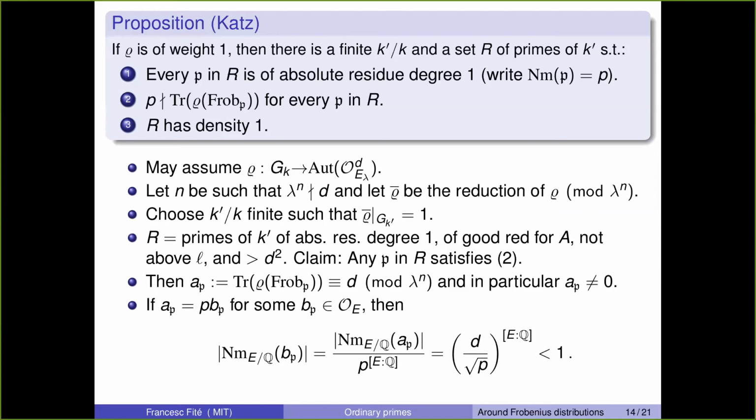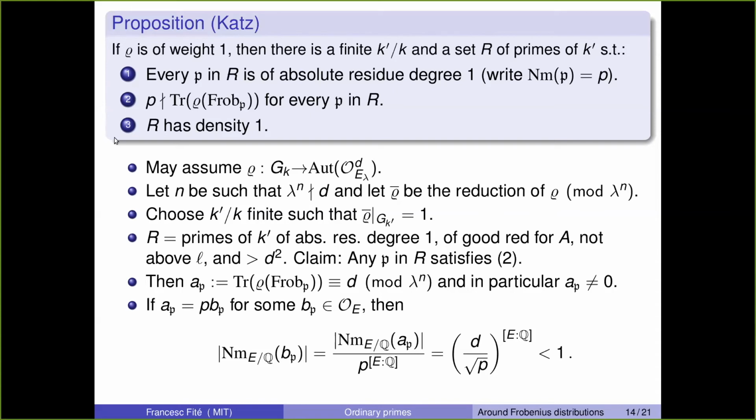So if it's not congruent to 0, and I suppose that condition 2 in the proposition fails, there will exist some non-zero integer Bp such that AP is P times this non-zero integer Bp.